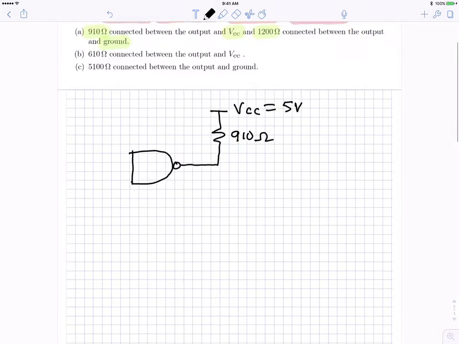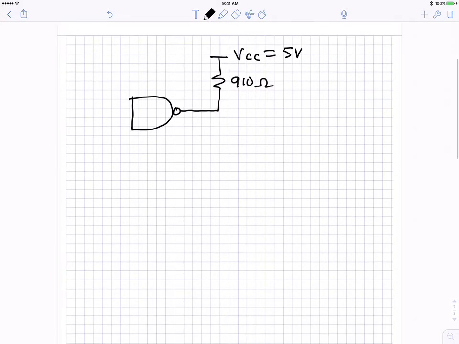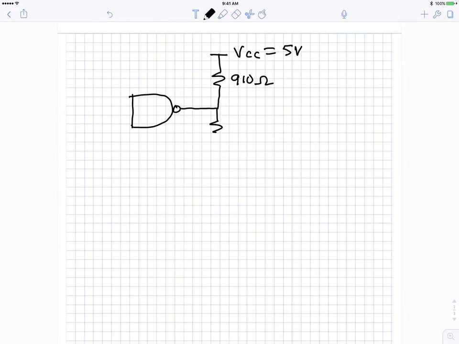VCC is 5 volts. That needs to be part of the problem statement. Okay, and then between here and ground we have 1200 ohms.